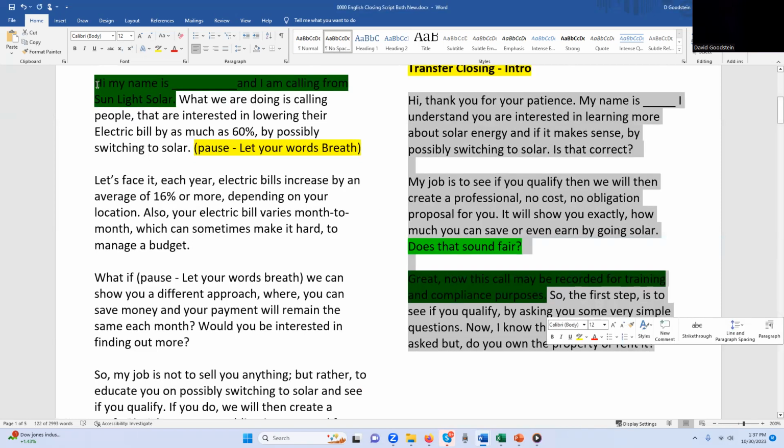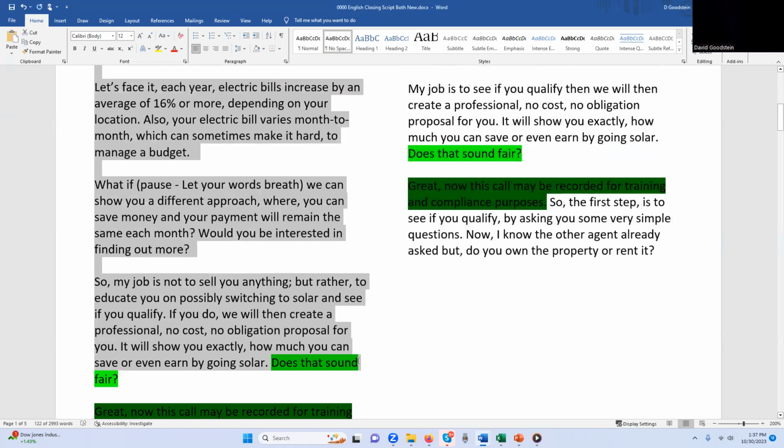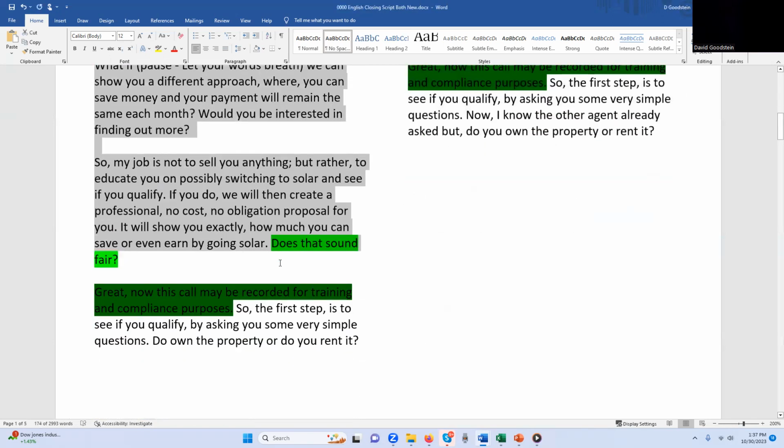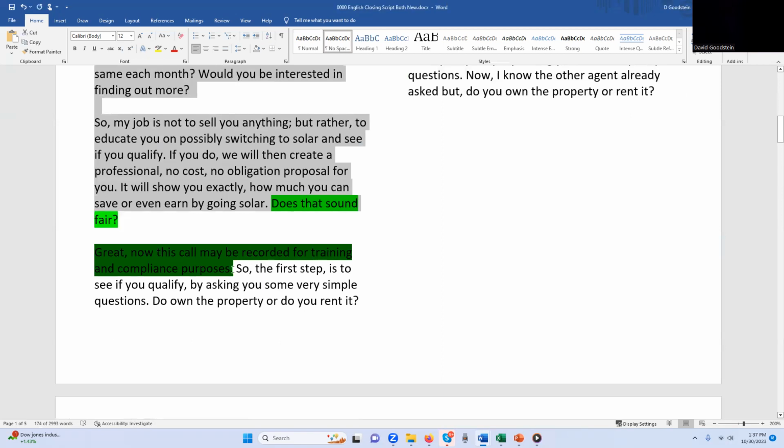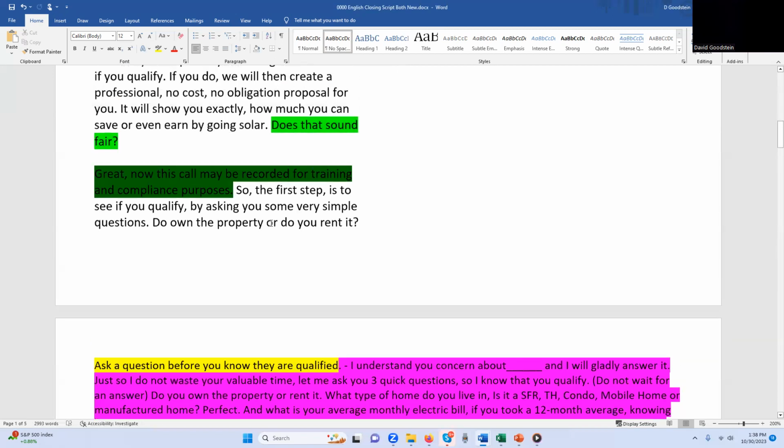If you're taking a call from start to finish, you're using the same script, the same opening as the opening agents. But instead of transferring the call, you're just going to continue once you find out that they meet all three pre-qualifications and that they're now worth speaking to.